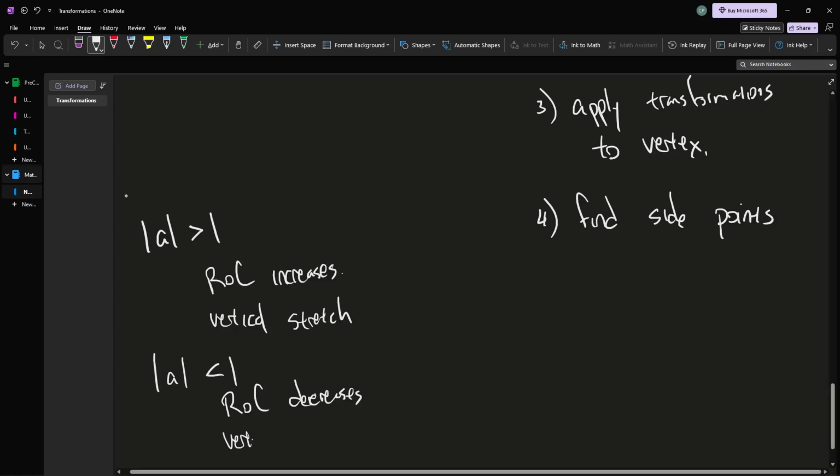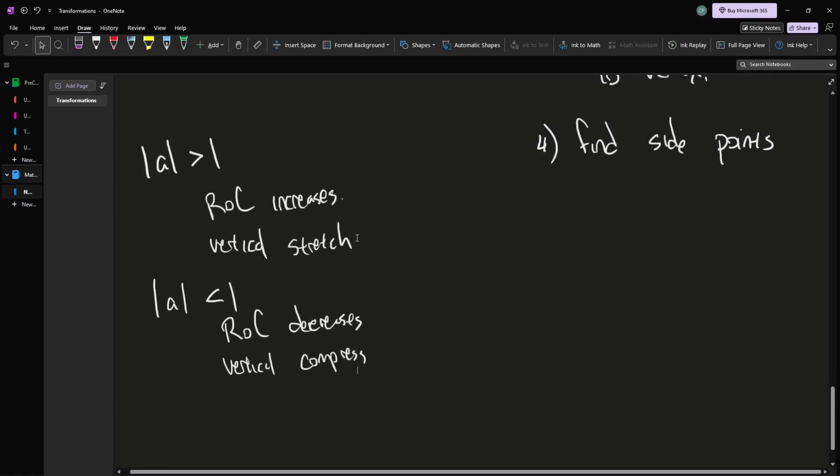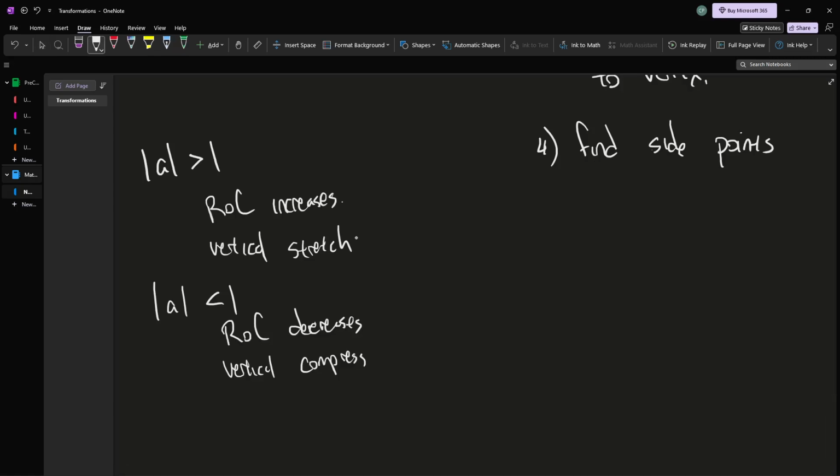Vertical compression. It flattens out. The next thing that we could do is we also see that if A is less than 0, if it's negative, we reflect over the x-axis.